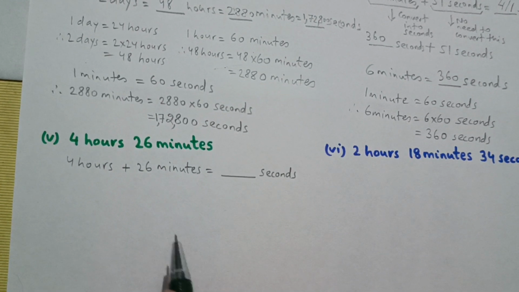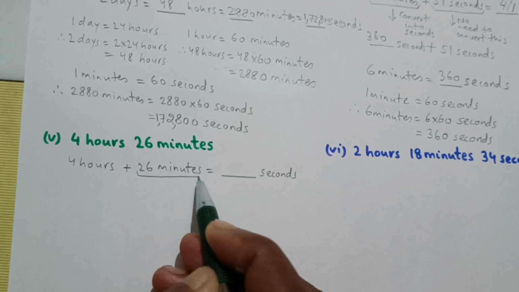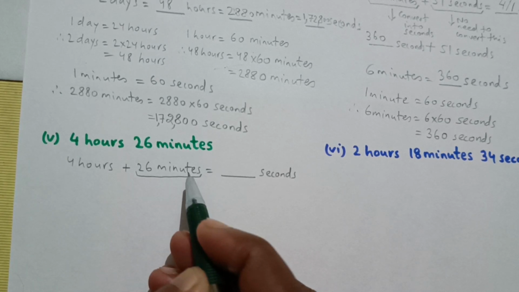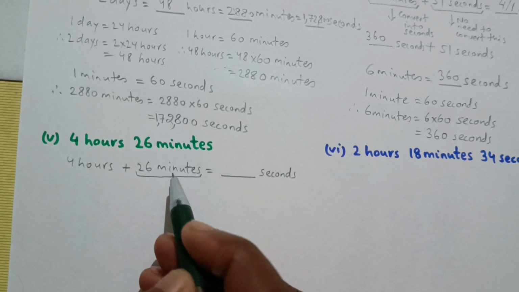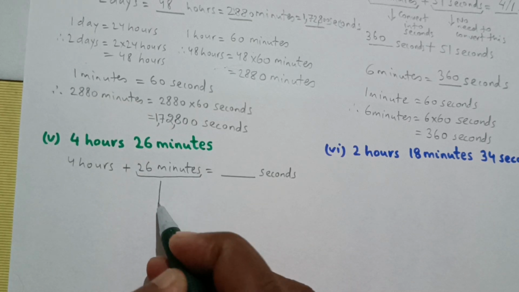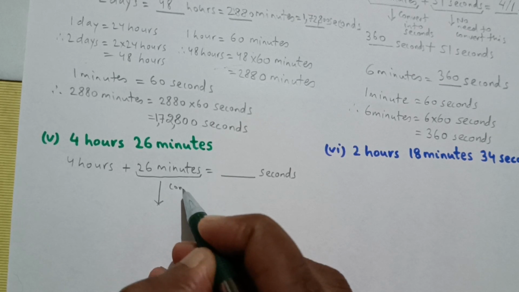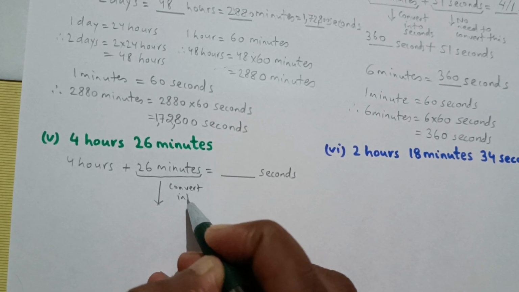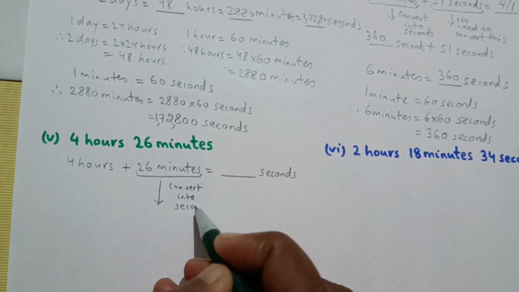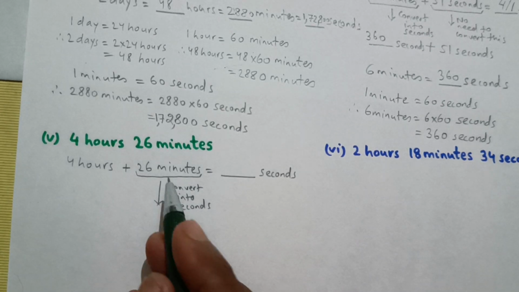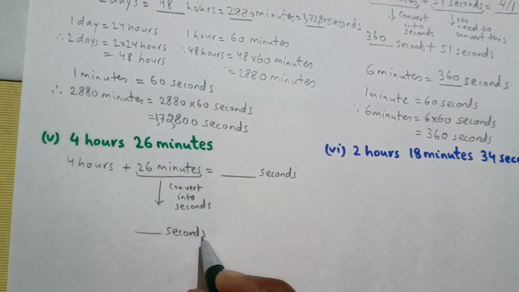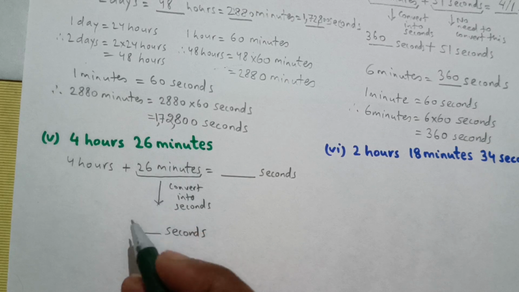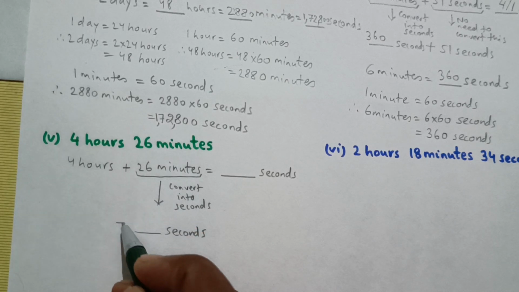Now look here, 26 minutes. This is in minutes and we have to convert our final answer into seconds. So we have to convert 26 minutes into seconds. Then this is the plus sign.